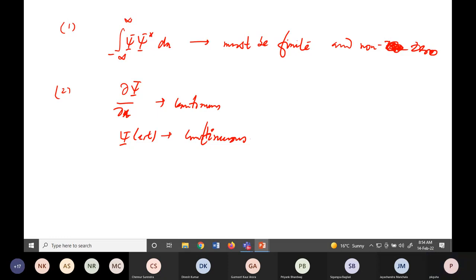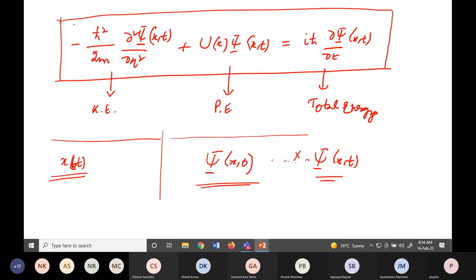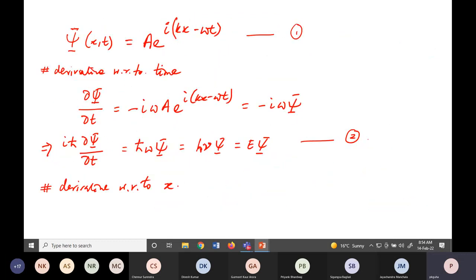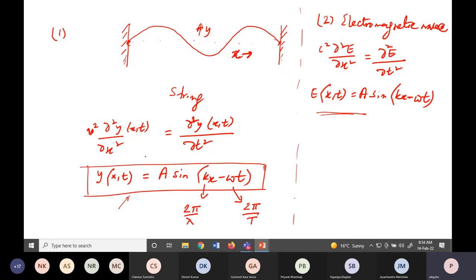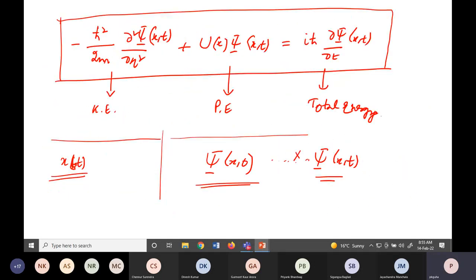Now we can carry out the discussion a bit more, because all we are trying to do is solve this equation, the Schrodinger equation, the way we did in classical mechanics. In classical mechanics we had the Newtonian equation, and we solved it. Here also, all we will try is to solve this equation for a particular boundary condition, for a particular situation, and find out psi, because if we can find psi, we can find psi star.